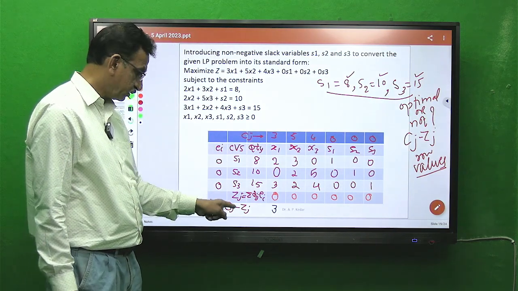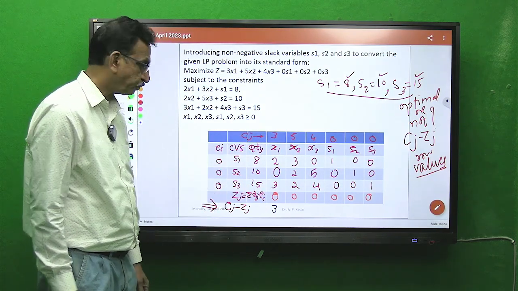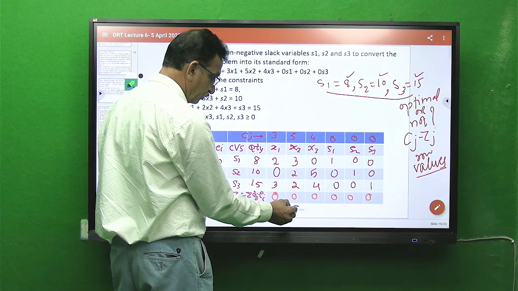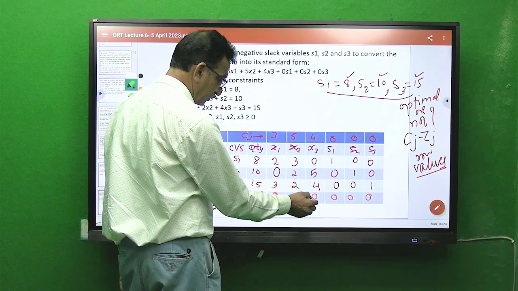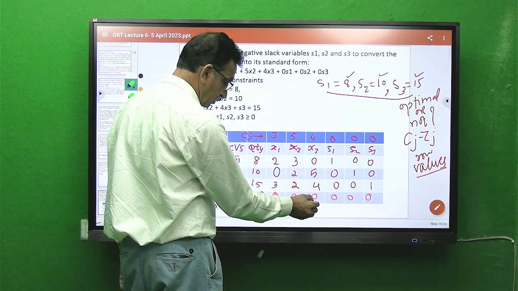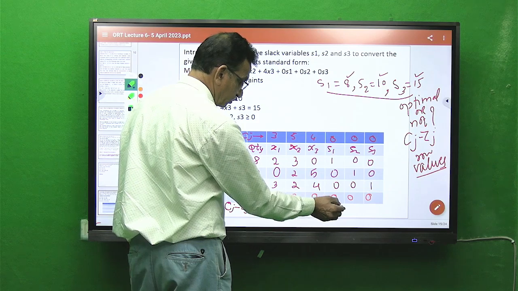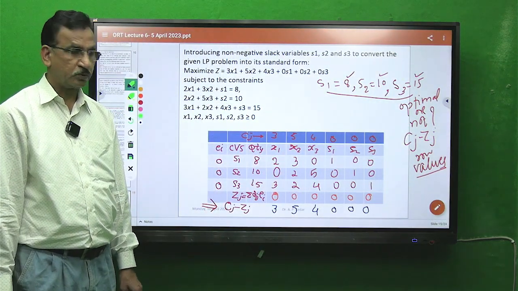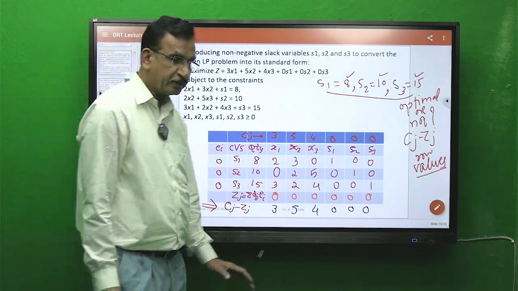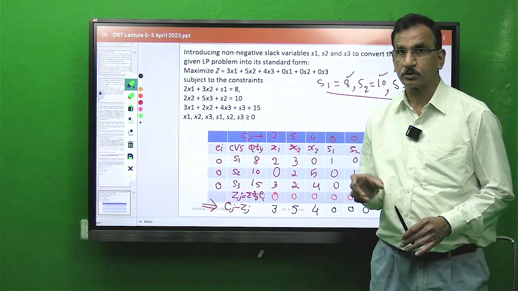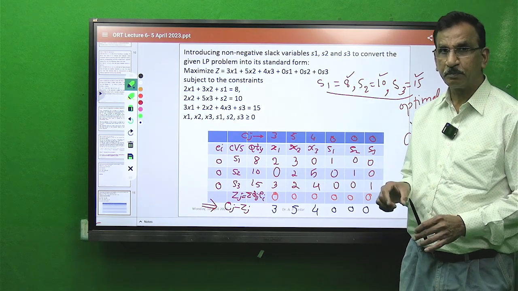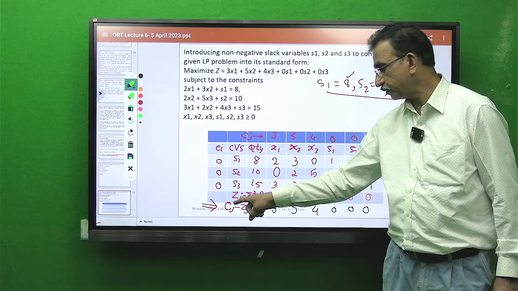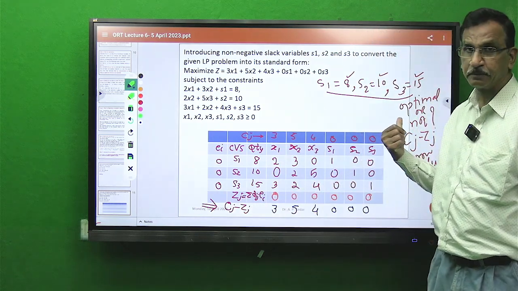Cj minus Zj, 5 minus 0, 5, 4 minus 0, 4, 0 minus 0, 0. This is how I have explained in detail how the calculations of the simplex table up to the net evaluation index row are done, which is referred to as the Cj minus Zj row, used for making the decision.